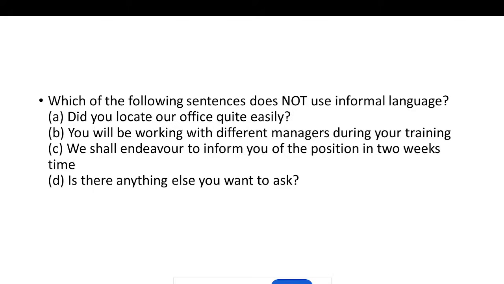Can you answer this question? Which of the following sentences does not use informal language?